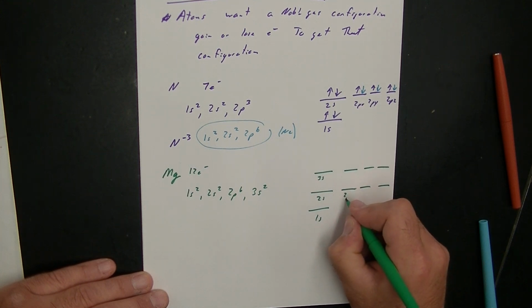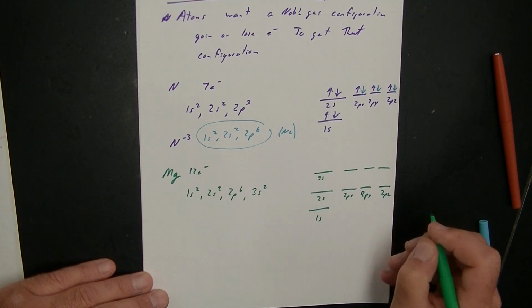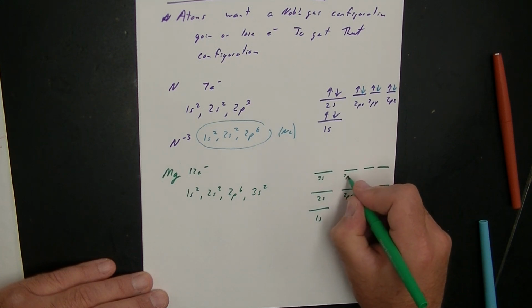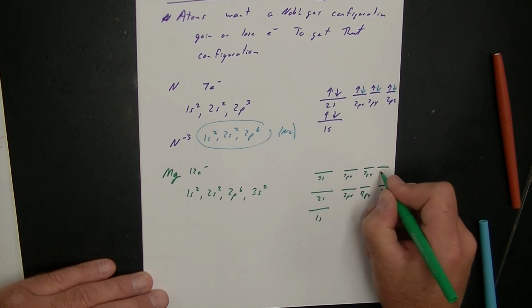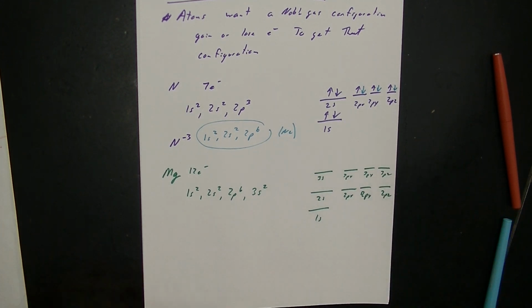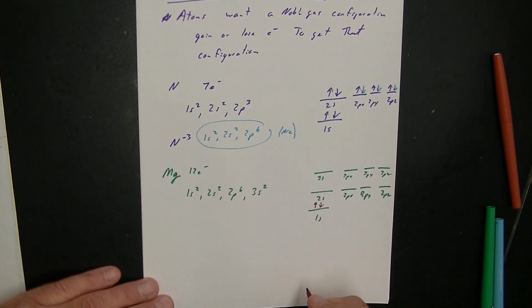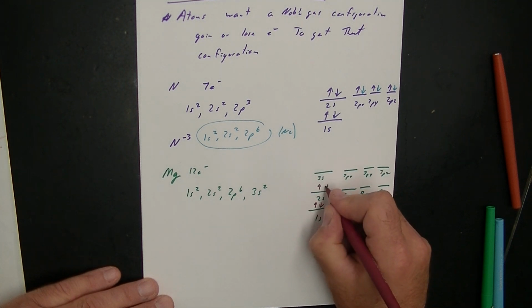This is my 2px, 2py, 2pz. This would be my 3px, 3py, 3pz. This does have d's, but we're not going to need them. In this case, we would have an up and a down, and an up and a down.